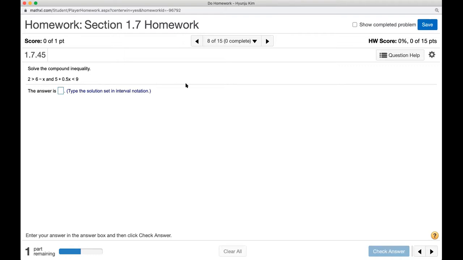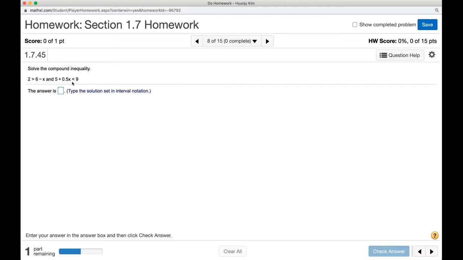What does solution set mean here? The solution set means that we want to find all numbers satisfying both linear inequalities.